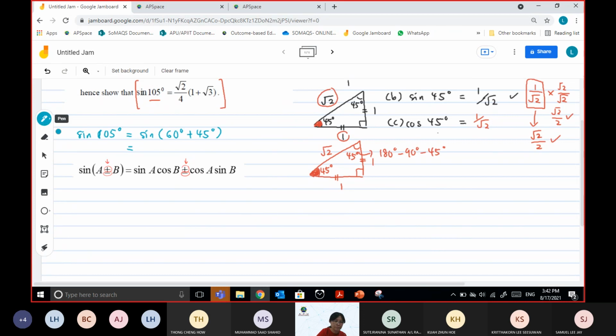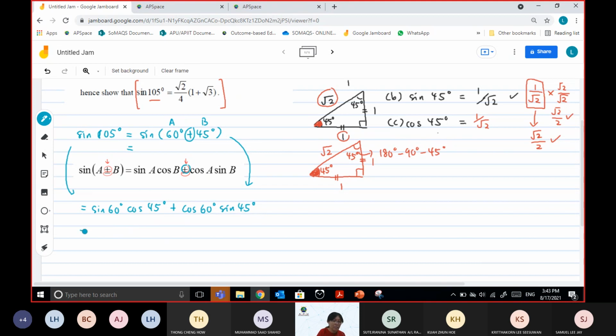So sine of 60 plus 45 equals sine 60 cos 45, and since this is a plus, we use the plus, cos 60 sine 45. So now the 60 is A, the 45 is B: sine 60 cos 45 plus cos 60 sine 45.